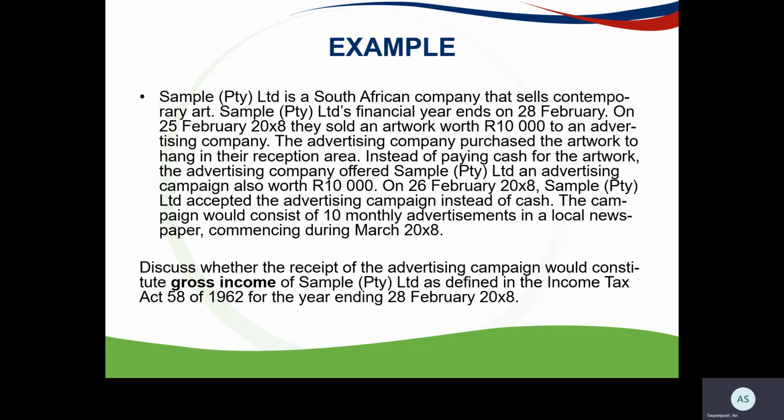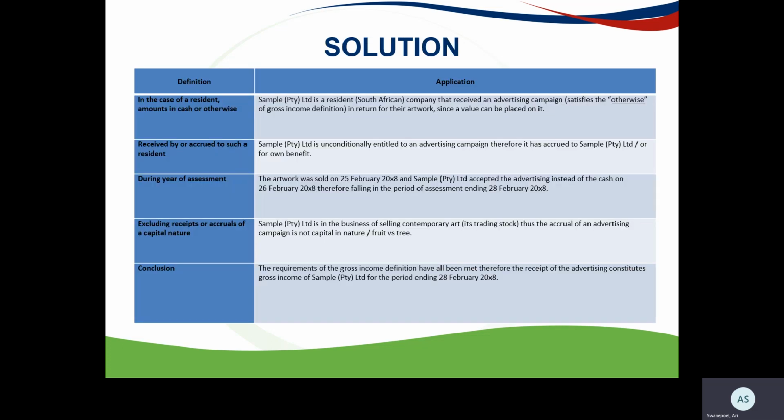So the required is: discuss whether the receipt of the advertising campaign would constitute gross income of Sample as defined in the Income Tax Act for the year of assessment ending 28 February. So the solution there, you see, you break up your answer into the components. So it's in the case of a resident, the amount in cash or otherwise, and then you apply the question to your answer.